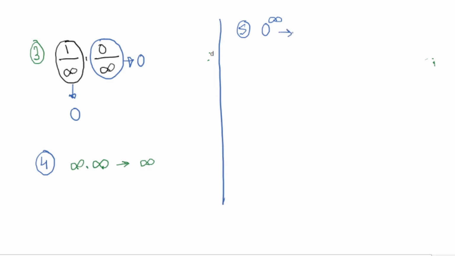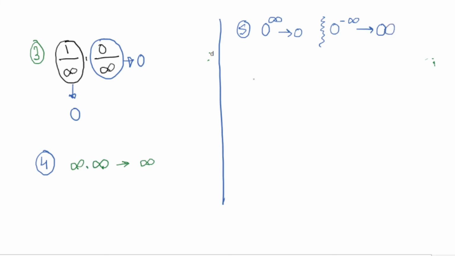In the limits, 0 power infinity means 0. We have seen in the previous video that 0 power anything is 0. So 0 power infinity is 0. Don't be confused about 0 power minus infinity: if it is 0 power minus infinity, it means that it is infinity.